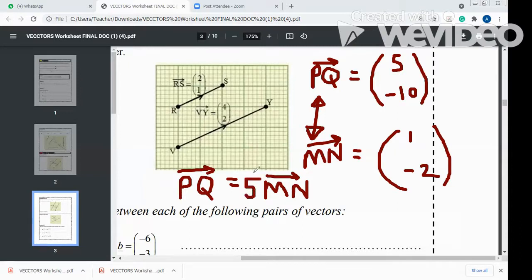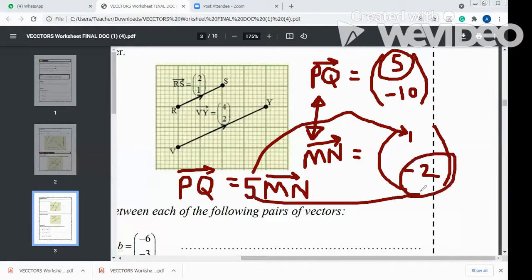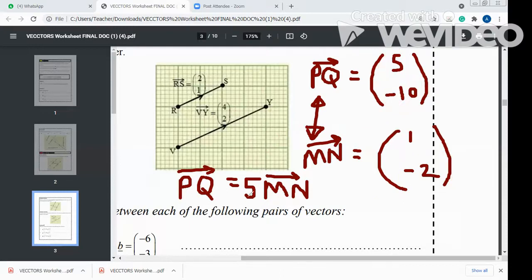Because 5 times 1 will give you 5, and 5 times -2 will give you -10. Right, it gives you back PQ. So that means they're parallel.